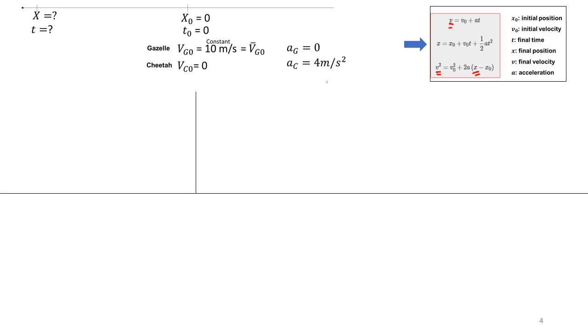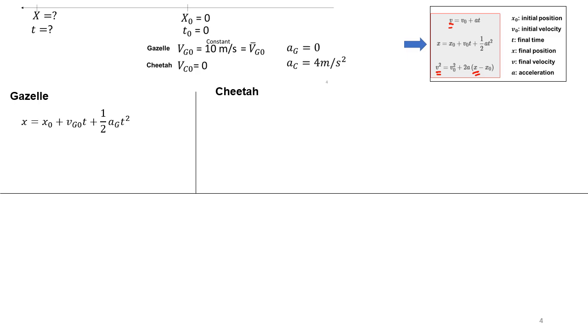As I said earlier, we need to write these equations for the cheetah as well as for the gazelle separately, and then we need to solve them simultaneously. So in the case of the gazelle and the case of the cheetah, we have to write these equations. So I'm writing it here.